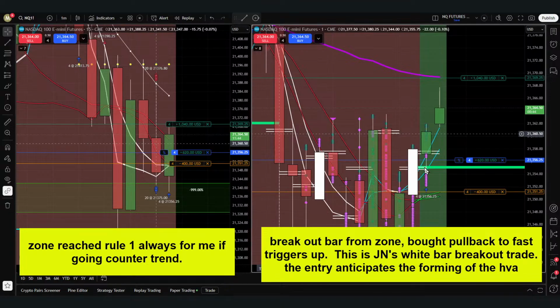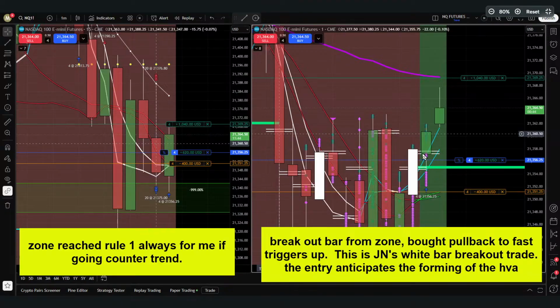This is John Novak's white bar breakout trade. And as long as the fast triggers are up and strong, you're buying a pullback to those fast triggers. And this HVA line didn't print until the bar was all the way up here. This is one of those instances where they were so ready to go up, I never got the HVA trade. But I can capitalize on that understanding, the high volume area, how it prints, what it needs, where it's going to happen, by buying that little snapback to the fast triggers.